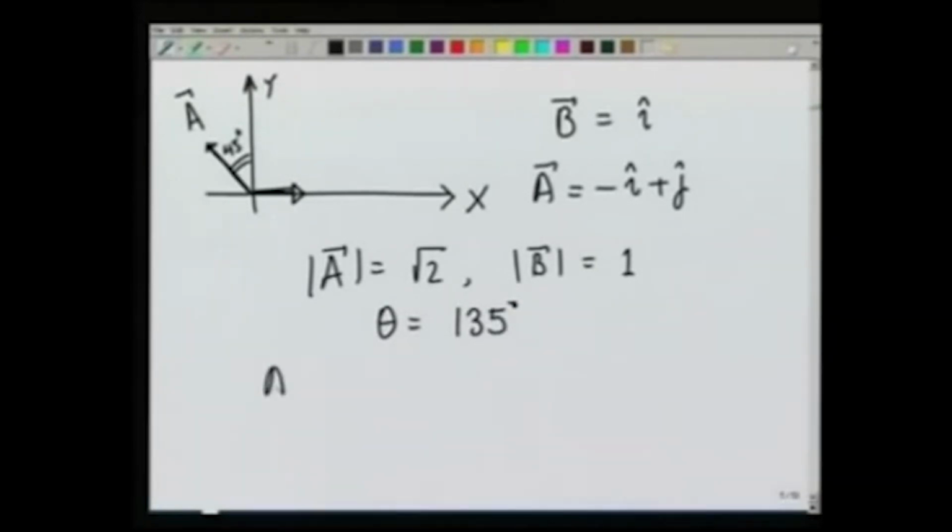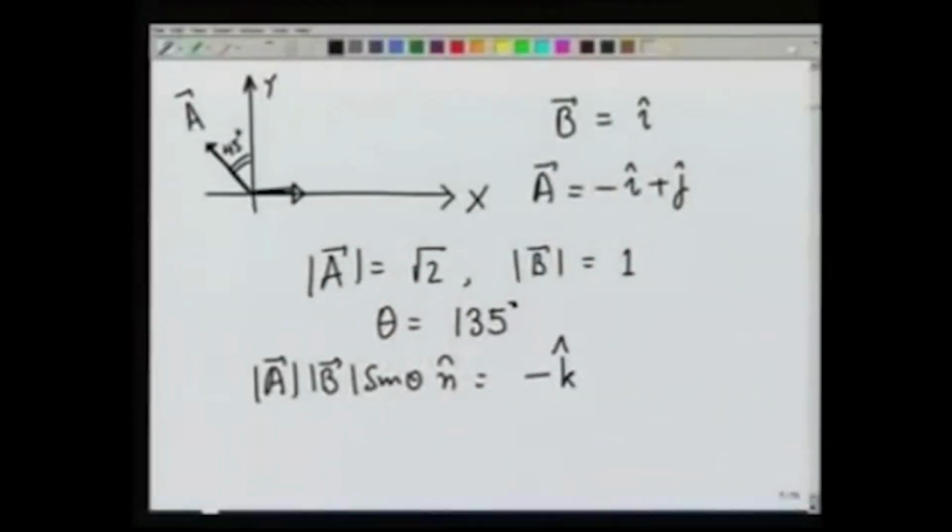So, therefore, a b sin theta n is going to be equal to, sine of 135 is 1 over root 2, so it is going to be equal to 1 times n. Turn a towards b through the smaller angle, and that gives you a direction opposite to the z axis. So, this is going to be minus k.